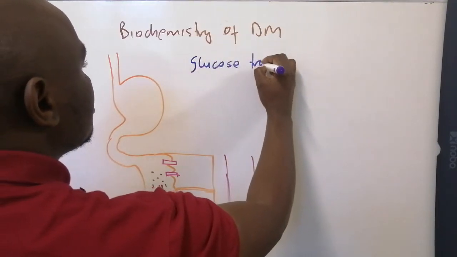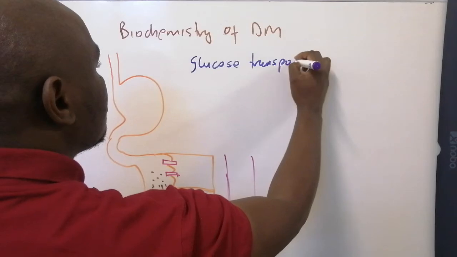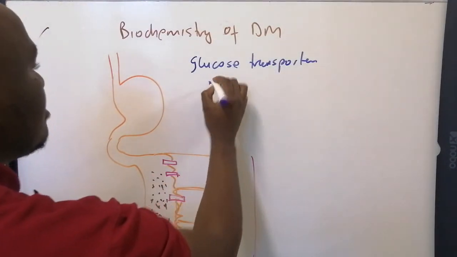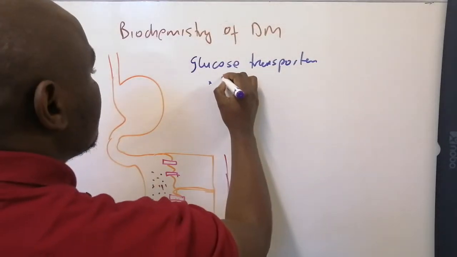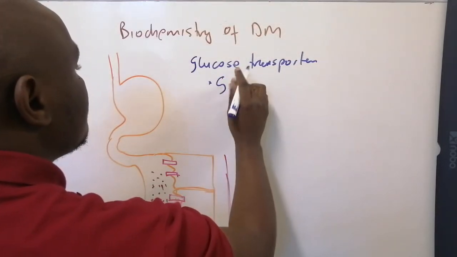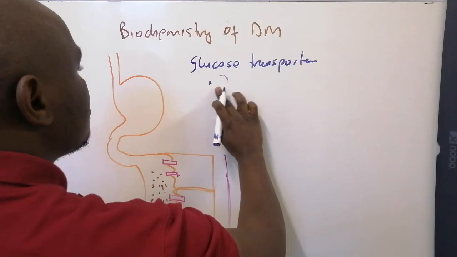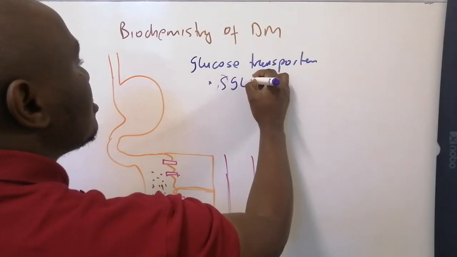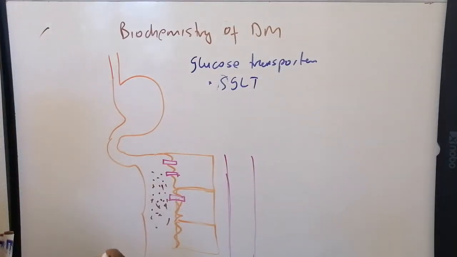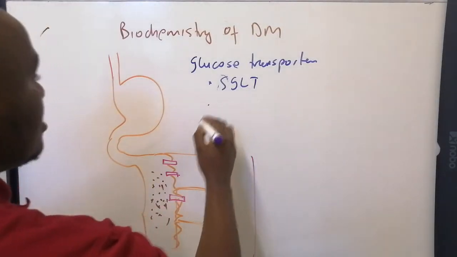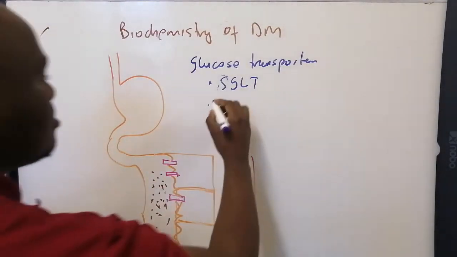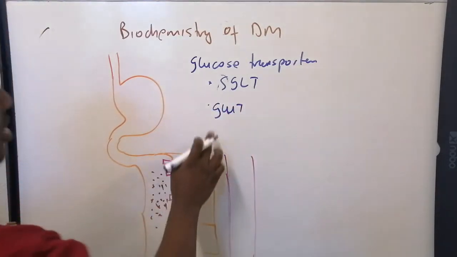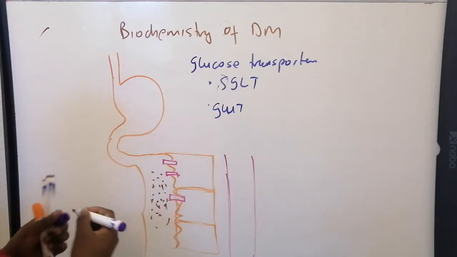There are two types: the sodium glucose linked transporter, and the facilitated diffusion glucose transporters, which are the GLUT.